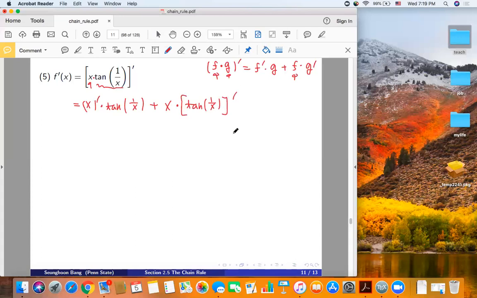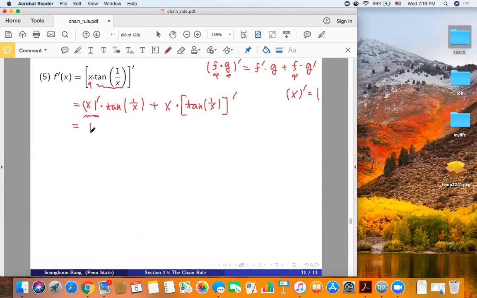You can use the product rule first. So what is x prime? X prime is 1. Yeah, 1. Just memorize it.